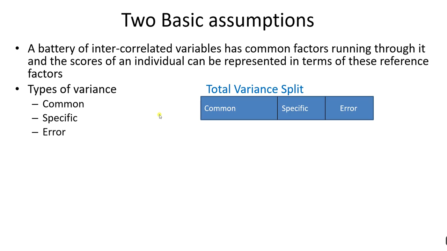So in other words, as I discussed in the previous lecture, factor analysis aims to analyze the common variance, whereas another related technique that I will discuss in this lecture itself is called principal component analysis, that analyzes the total variance.